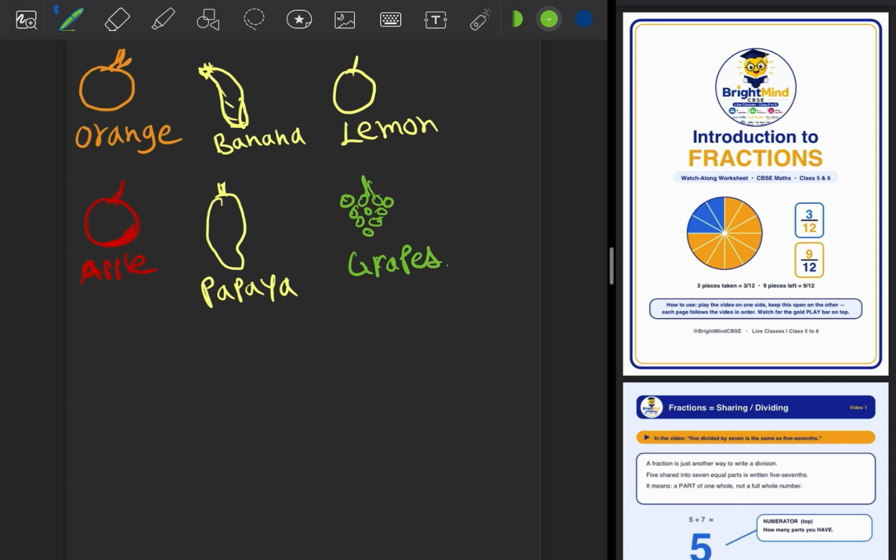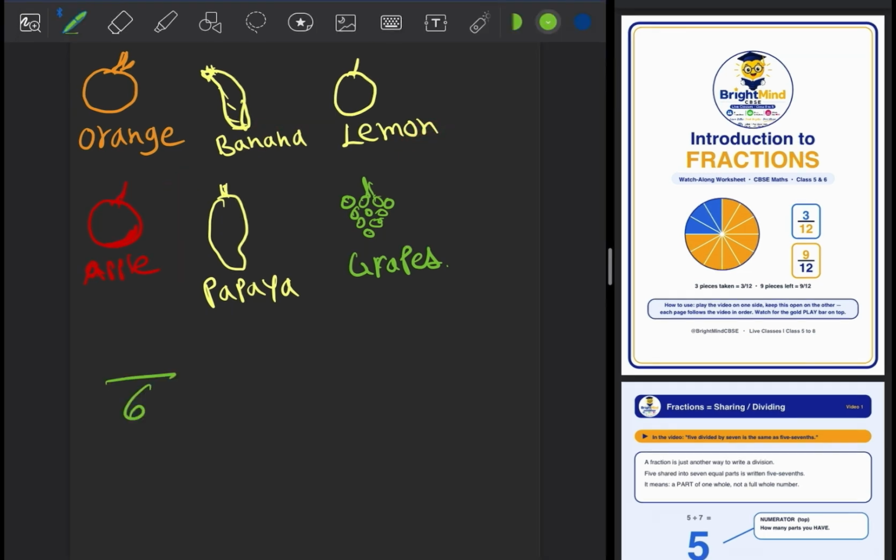right? So I have drawn here, how many fruits have I drawn here? 6 fruits. 1 2 3 4 5 and 6 fruits. So if I ask you what fraction of my fruit is, let's say, yellow color, okay. So what fraction of my fruit is yellow over here?